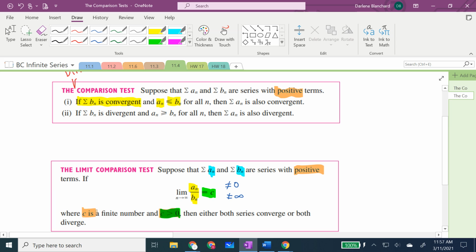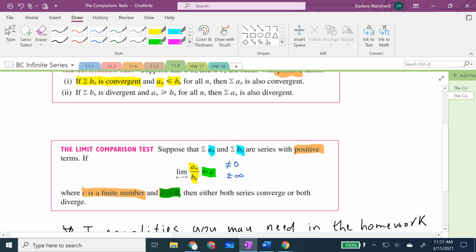Really what matters is that C is a finite number that is not 0. I want to have an actual ratio between these two, a ratio that keeps them together, to infinity together or to finite together.